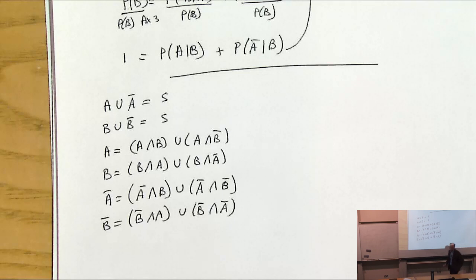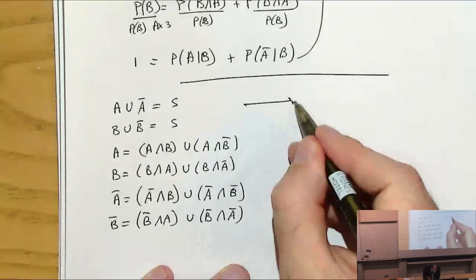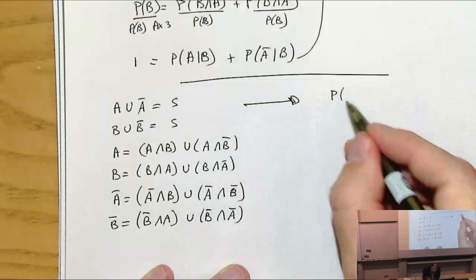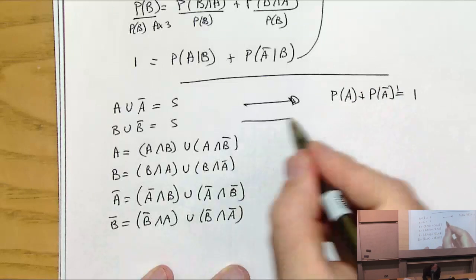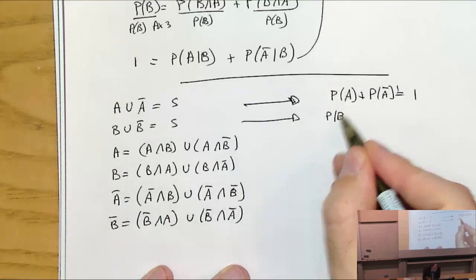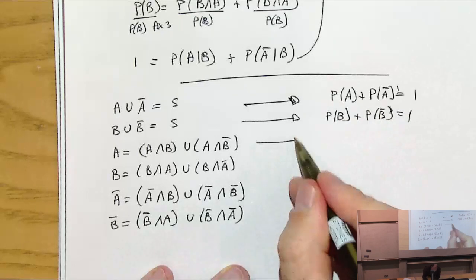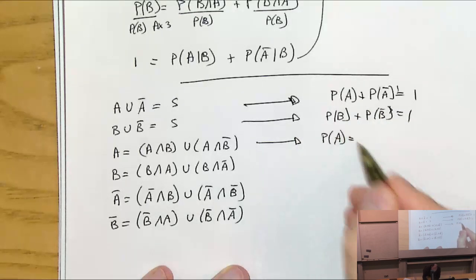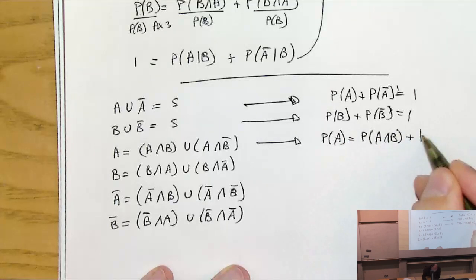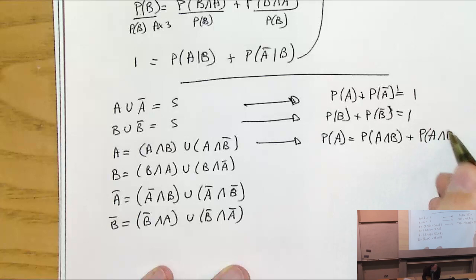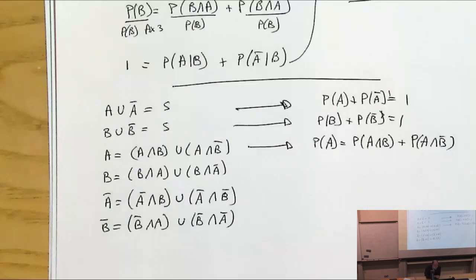Good. So now we can look at this in terms of probability. This leads to P of A plus P of not A is equal to 1. P of B plus P of not B is equal to 1. P of A is equal to P of A intersection B plus P of A intersection not B. Every time here, I'm applying axiom 3.